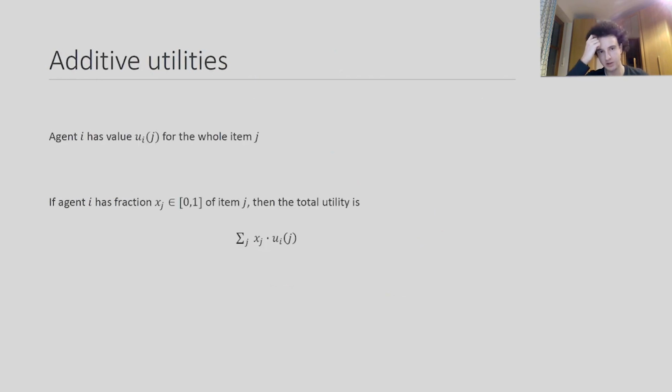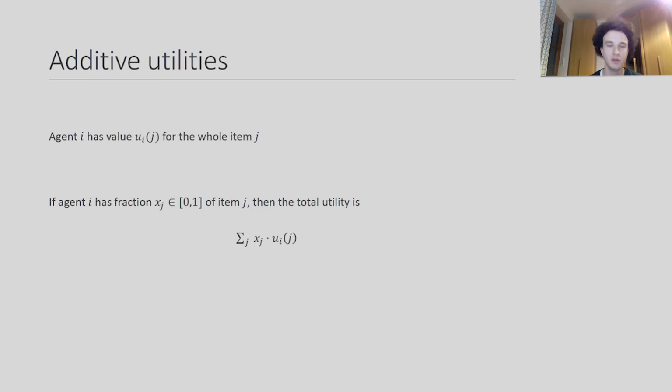So first, we'll consider just additive utilities. What are additive utilities? It's basically the simplest kind of utility you can think of for divisible items. Every agent has some value for every whole item. And how do you determine what the value is for a fraction of the item?